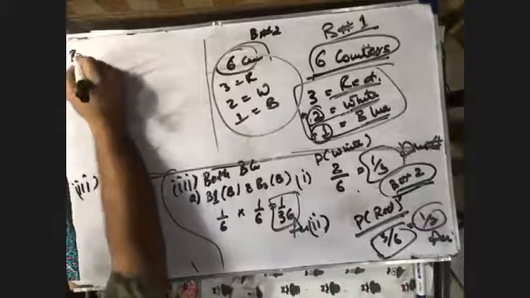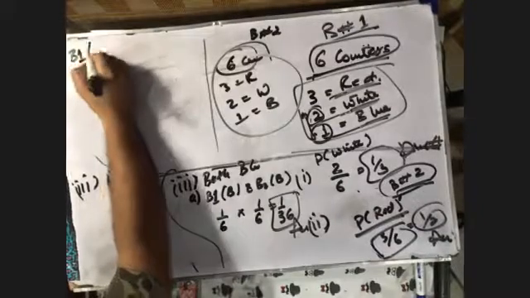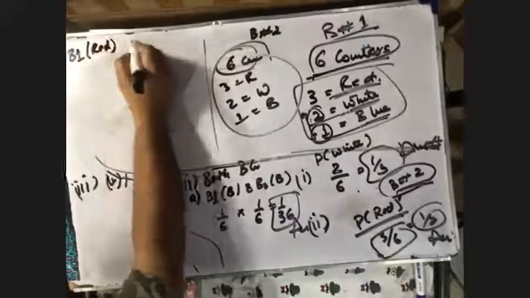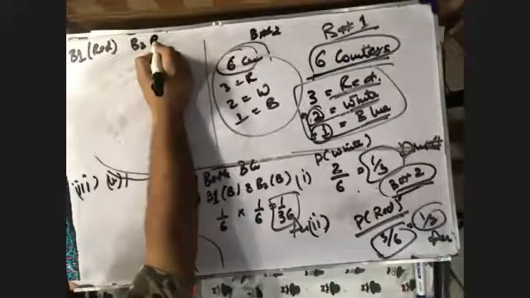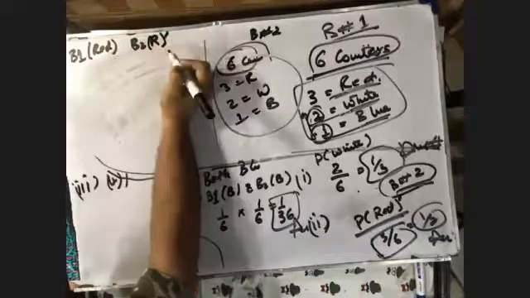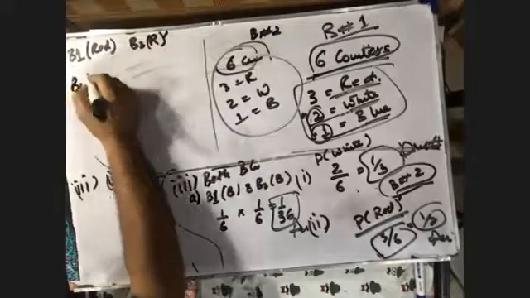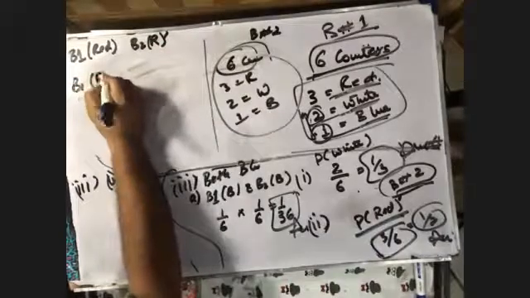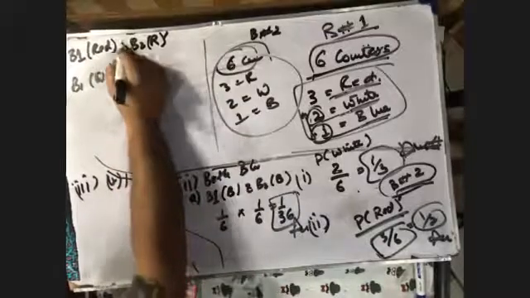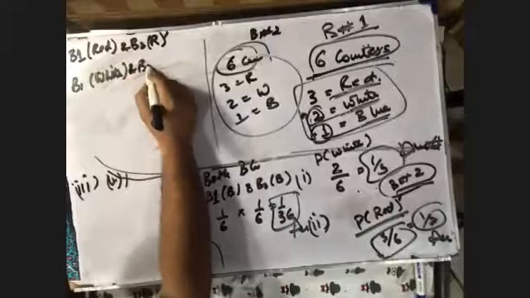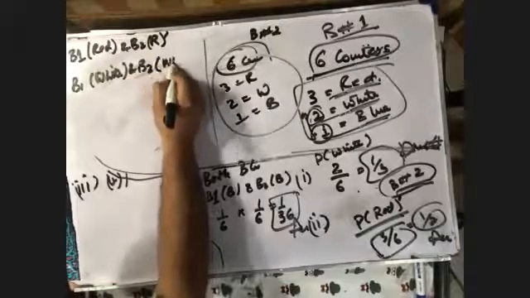Bag 1 red, bag 2 not red. Or bag 1 white, bag 2 not white.